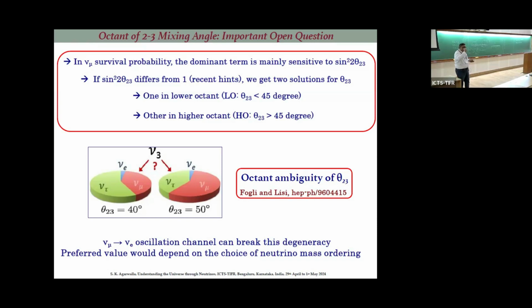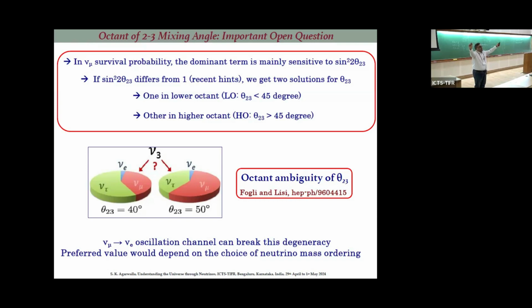So when you think about theta 2,3, what are the questions you can think of? First, you do your experiment and try to measure its value. Now, if you see that your sine square 2 theta 2,3 is not 1 but slightly deviated from 1, then you will get two solutions.